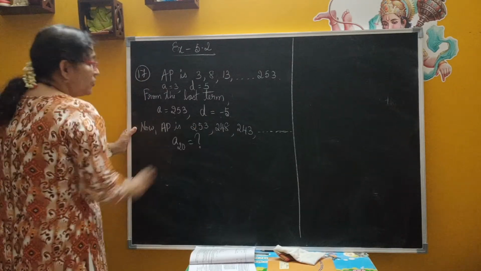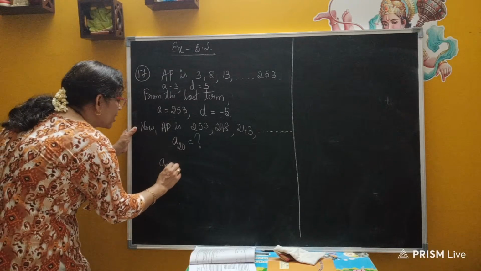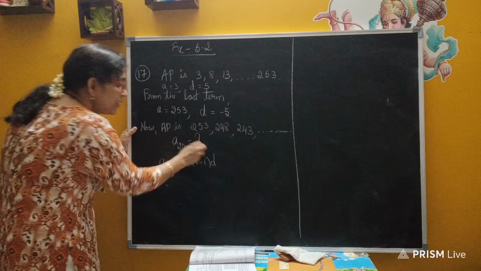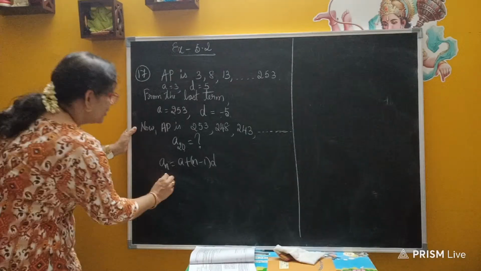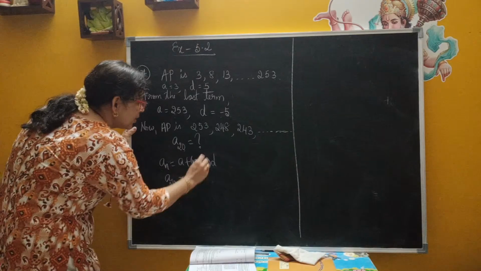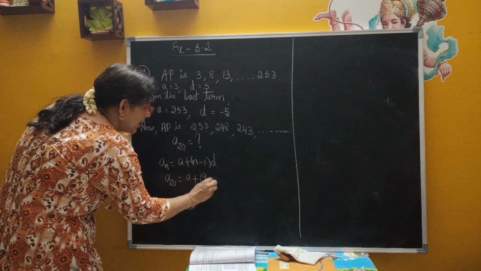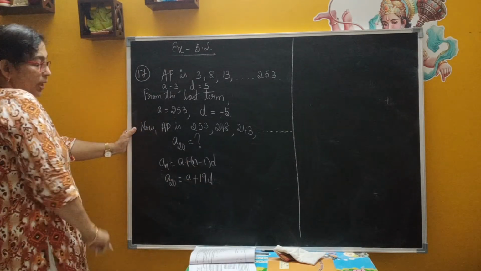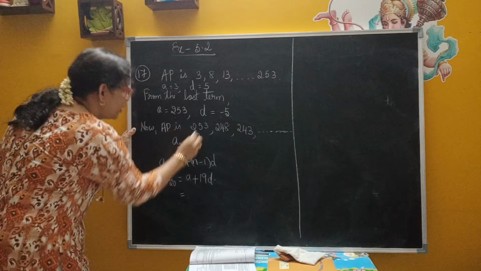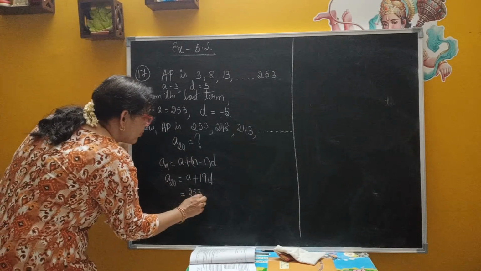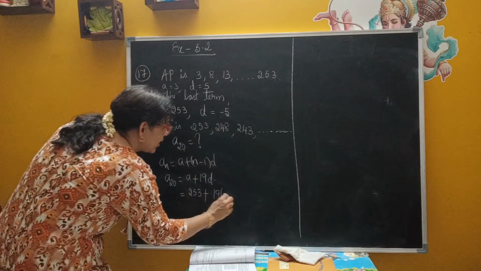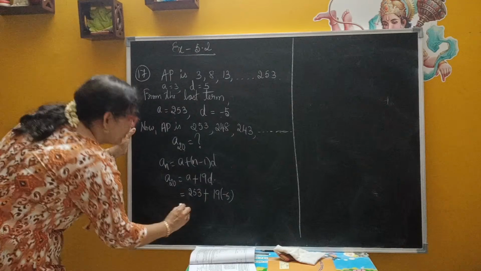Now let us use the formula. What is the formula? An is equal to A plus n minus 1 into D. Since it is asked to find A20, let us write A20 as A plus 20 minus 1, that is 19D. So A plus 19D. Let us find it now. A value is 253 plus 19, D is minus 5. 19 into minus 5.